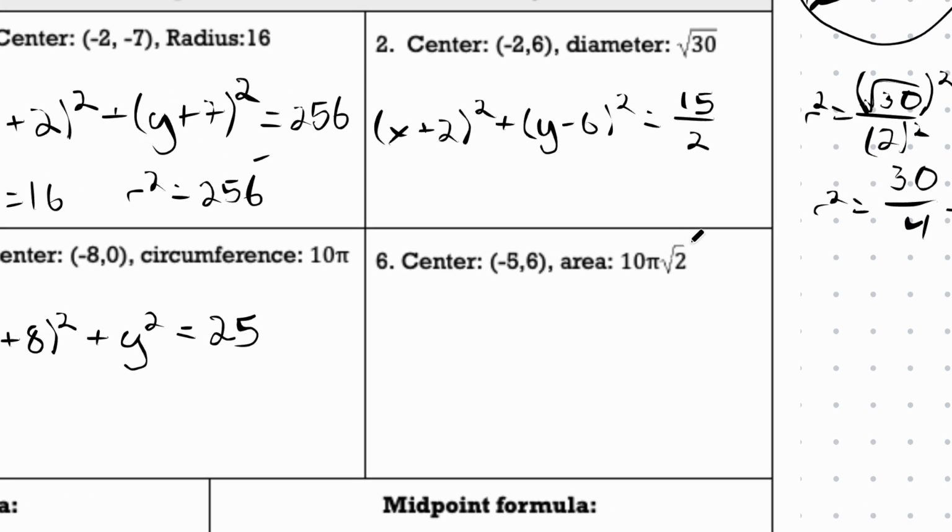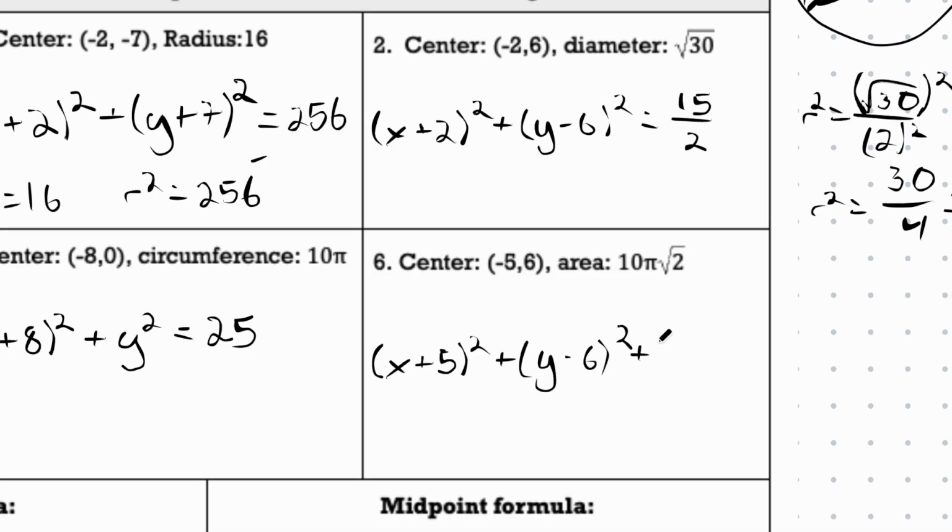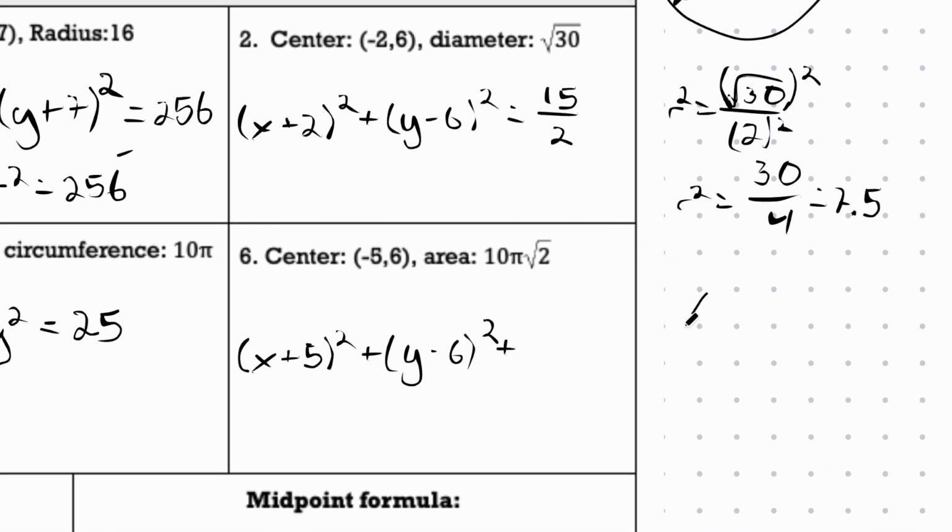Here, the center is negative 5, 6. So we have x plus 5 squared plus y minus 6 squared. And our area is 10 pi root 2. Our area is going to be equal to pi r squared.